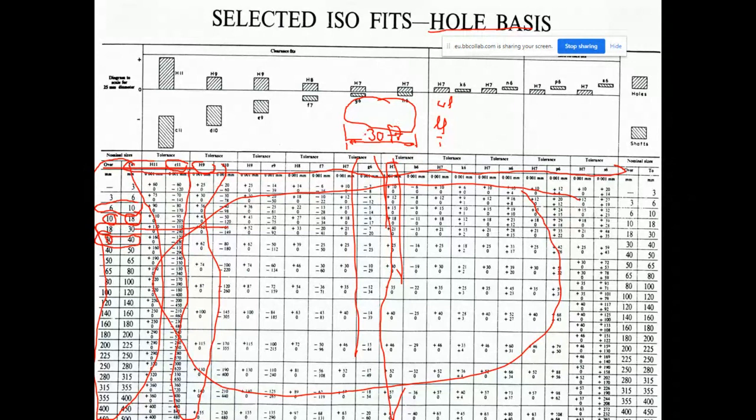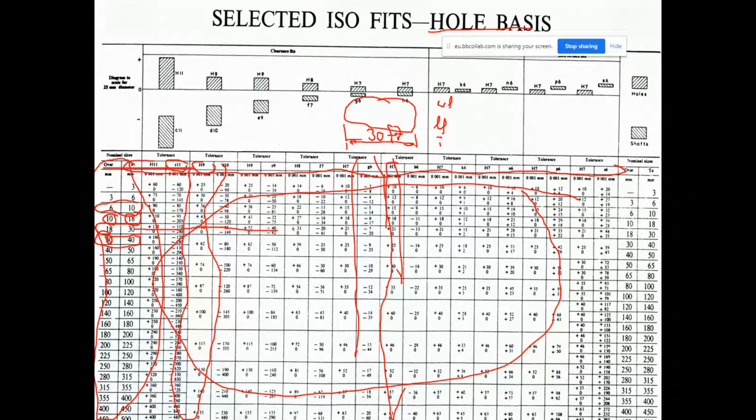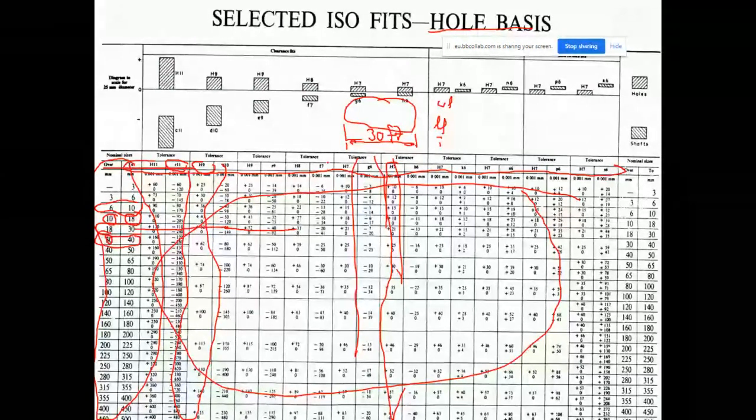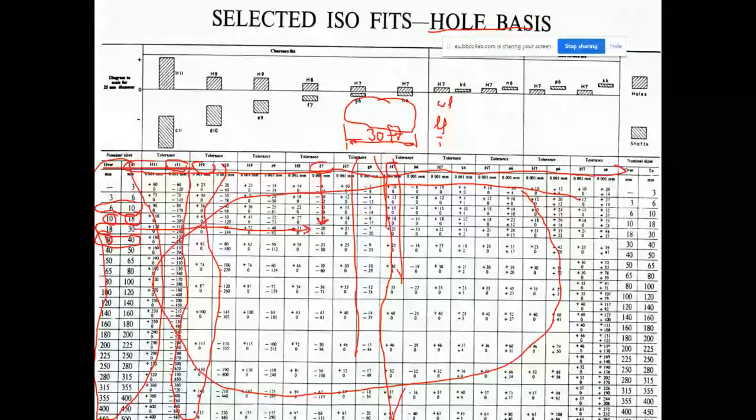First we concluded that 30 is the nominal value. It finds its place within this range. So start to follow this path. To where? You know the IT grade is F7. The F7 column is this column. Follow this column.